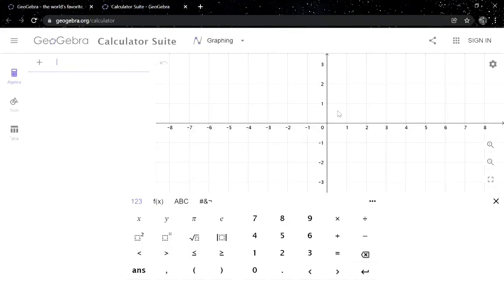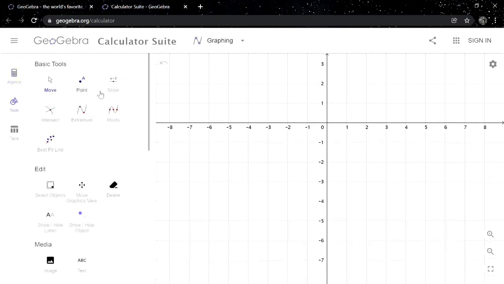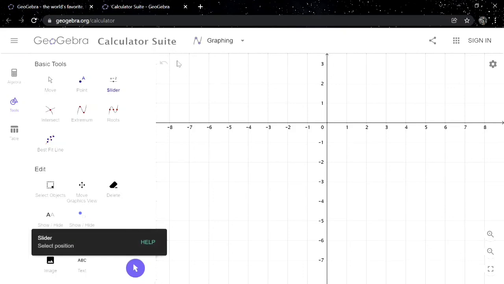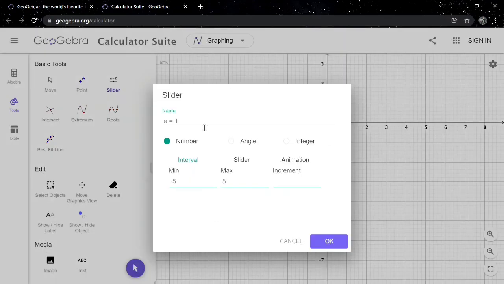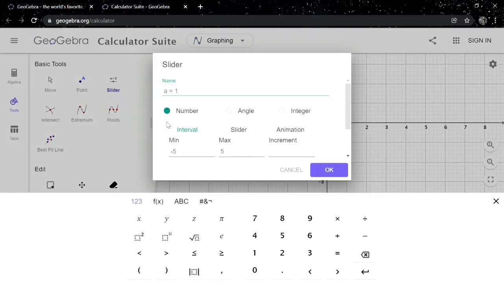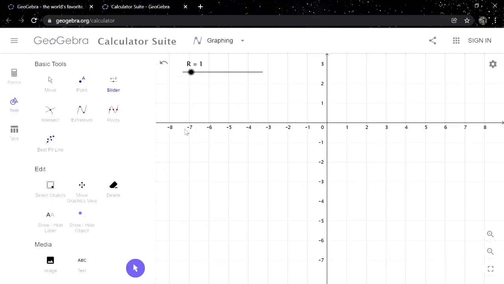Okay, let's visualize the V function that we got via GeoGebra to see where the maximum point is. First, create a slider r, because we have r as a constant that we can replace by any real number in the open interval from 0 to infinity.